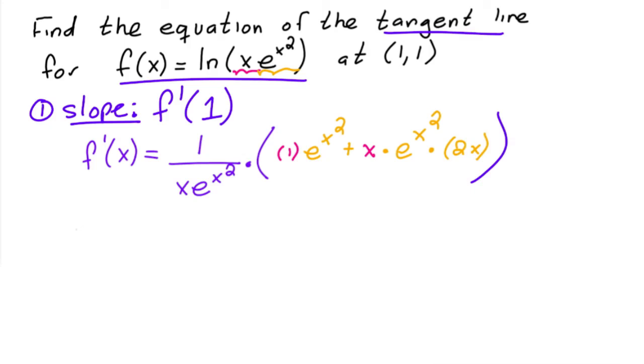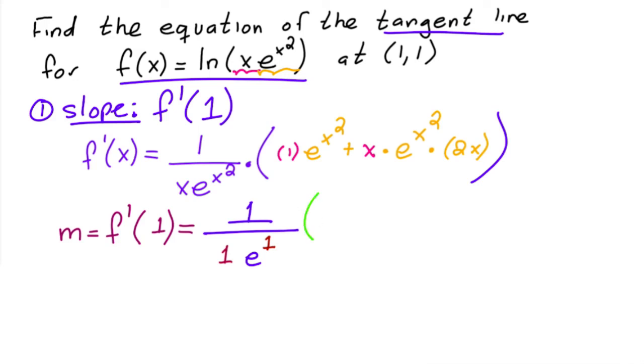So now the slope m is the derivative at 1. So if I plug in 1, I'm going to get 1 over, this is 1 times e to the 1 squared, so that's just 1, and then times e to the 1 again, plus 1 times 2, so this is going to be 2 times e to the 1.